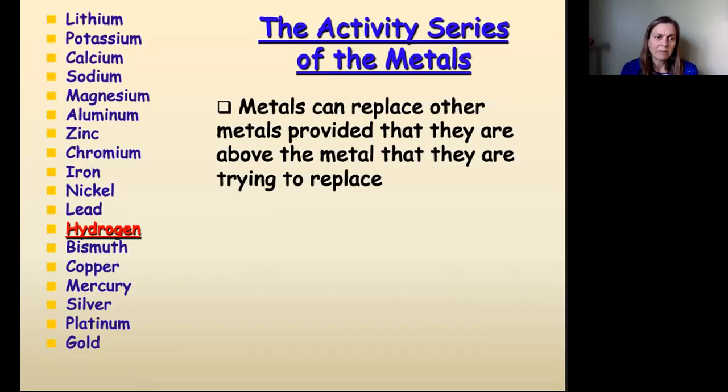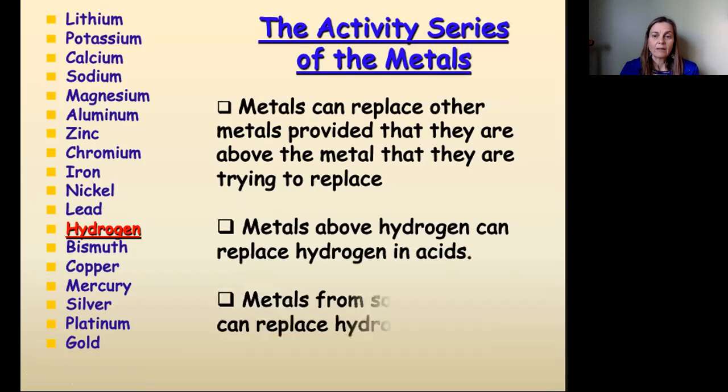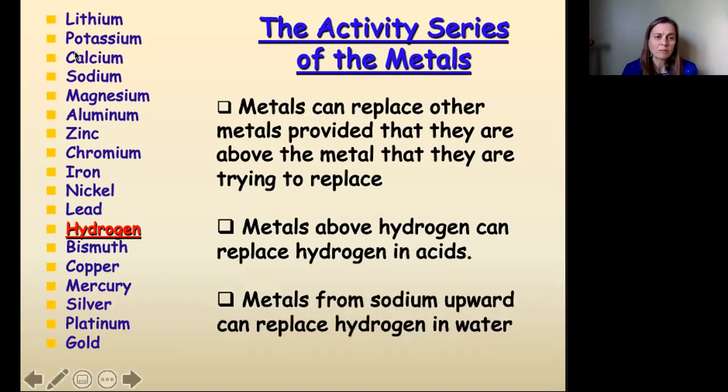Any of these metals from lithium all the way down to lead will actually replace hydrogen in an acid. So if I add an acid to any of these metals, we will get a compound of that metal and the anion from the acid, plus hydrogen gas. And the metals from sodium all the way up to lithium are so active they'll actually replace hydrogen in water.